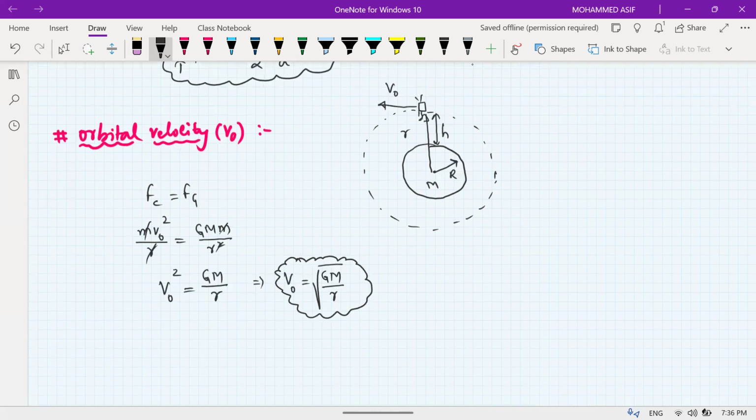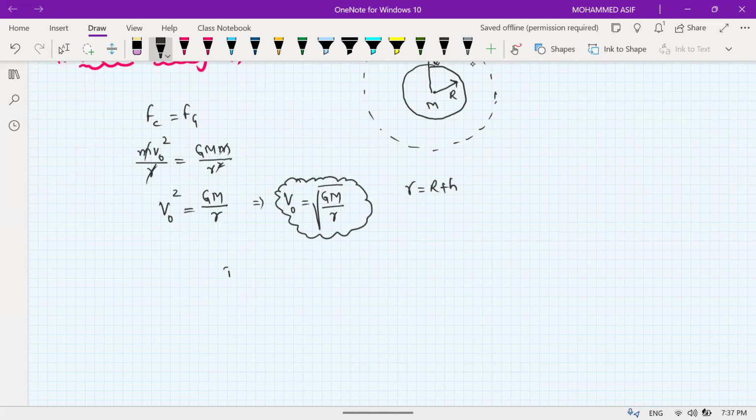What is small r here? Small r is equal to capital R plus h. Clear? If h is very small, if h is much lesser than the radius of the Earth, orbital velocity will be equal to under root of G into M divided by (R plus h).